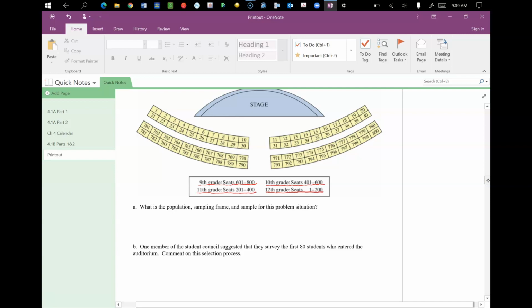If we were to say, let's select clusters by entire rows, that would be a bad idea because we could end up with clusters that are all freshmen or all sophomores or all juniors or all seniors. So we don't want a cluster by row. So pause the video for a moment and try and think of a way that you could cluster where each cluster is a good representation of the population.